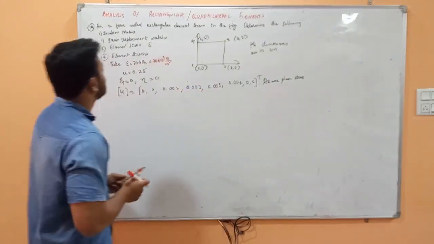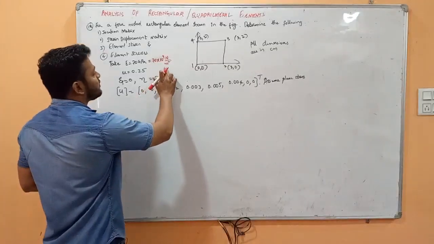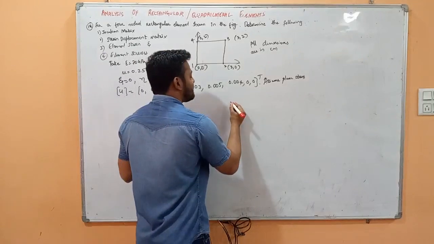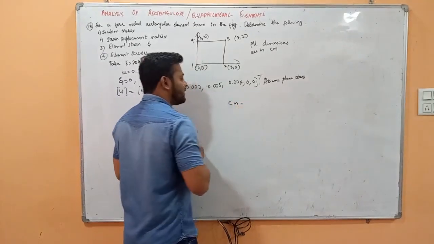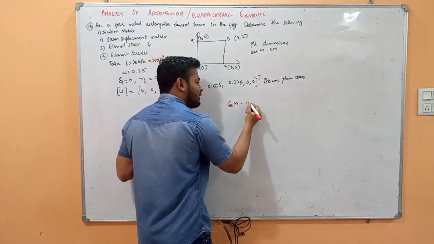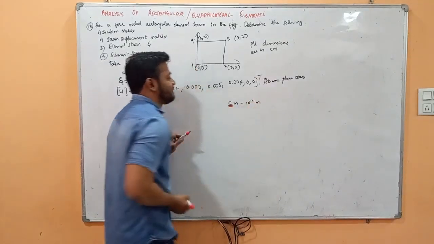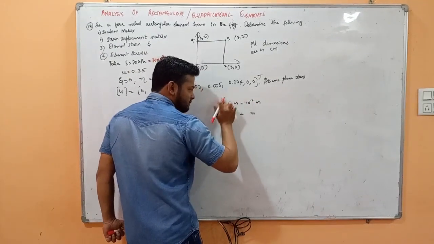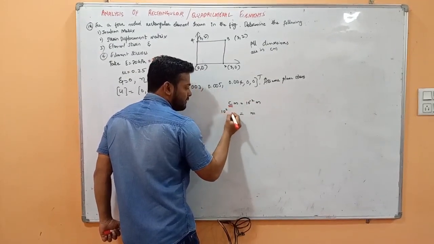In order to convert this meter square into centimeter, what do you mean by centimeter first? I already told you that centi means 10 power minus 2 meter. So now what will be meter? If we send this 10 power minus 2 to the other side, it becomes 10 power 2.